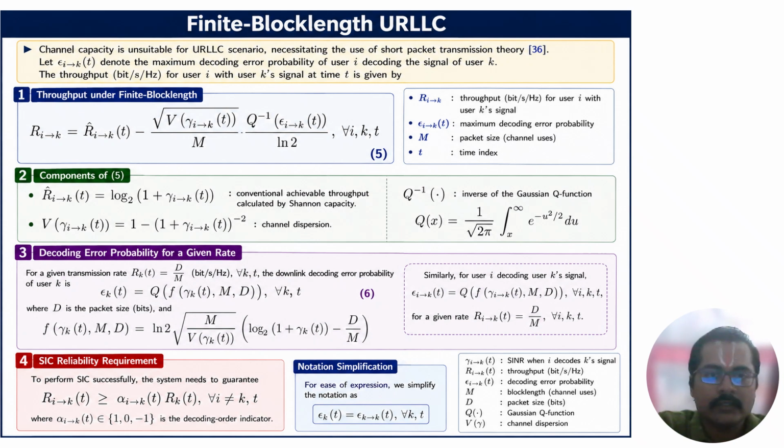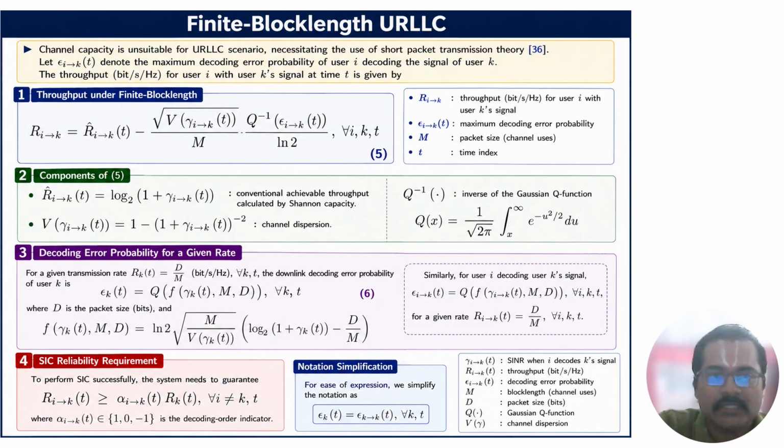Let's understand what is throughput. It is the formula explained by Shannon: log 2 of 1 plus gamma, where gamma is the signal to interference noise ratio, and V is the channel dispersion. So capacity, the conventional achievable throughput, was calculated by Shannon, the great scientist.